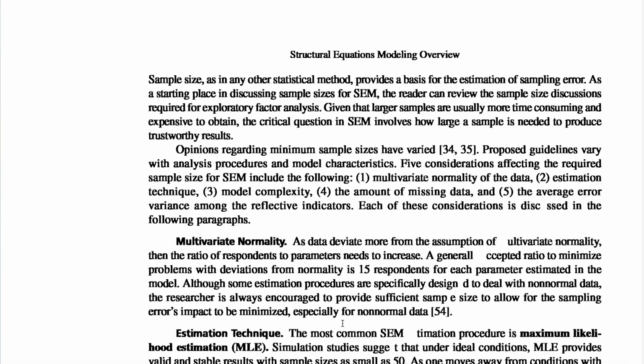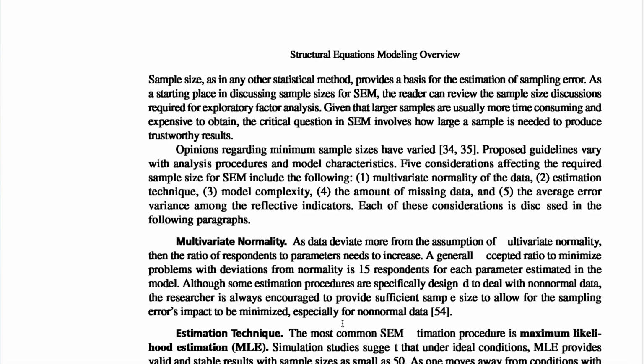As a starting place in discussing sample size for structural equation modeling, the reader can review the sample size discussion required for exploratory factor analysis. Given that larger samples are usually more time consuming and expensive to obtain, the critical question in structural equation modeling involves how large a sample is needed to produce trustworthy results.